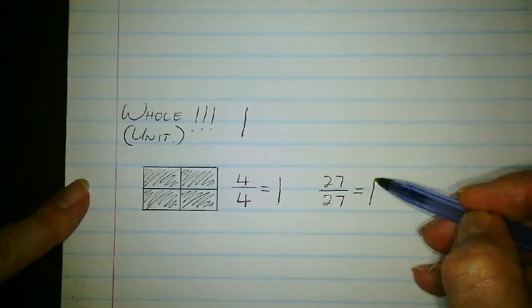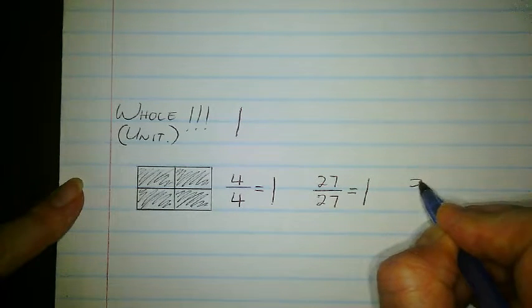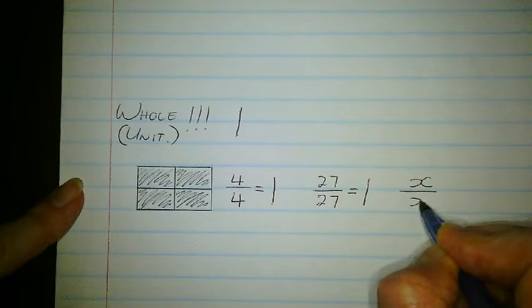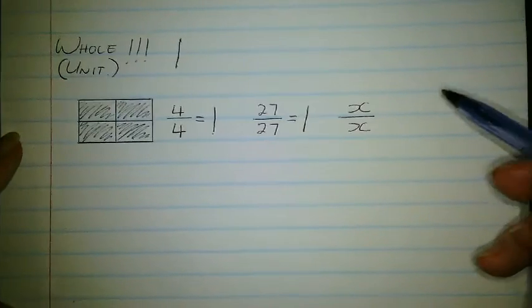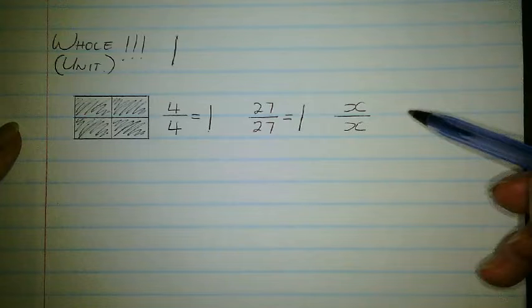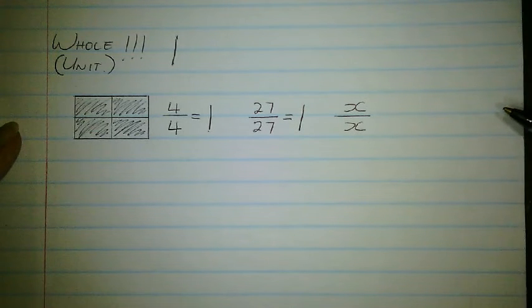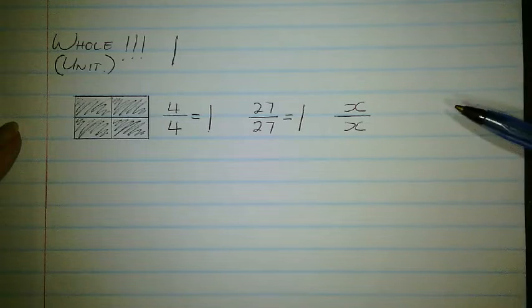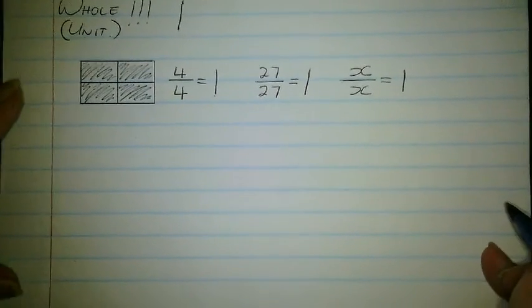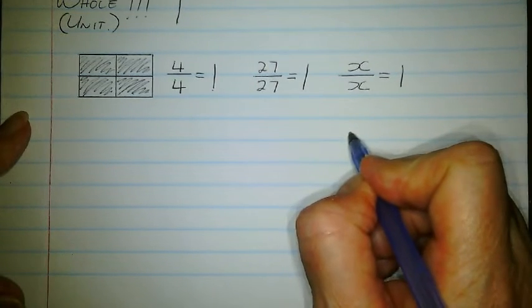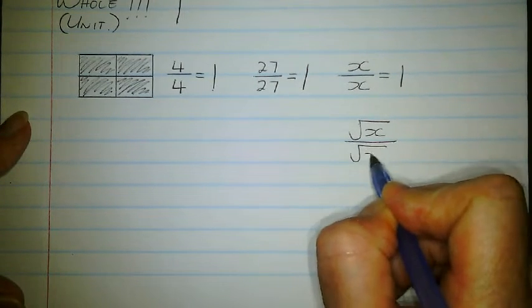And because we are getting older and so on, we are going to start using variables. So a variable is an alphabet letter, and I'm going to do exactly the same so that you can see it doesn't matter by age or by grade, it's still the same thing that you are basically going to look for. So if my numerator and my denominator is exactly the same, my answer will be a 1. Then if you grow even older, you are going to use the square root of x over the square root of x.